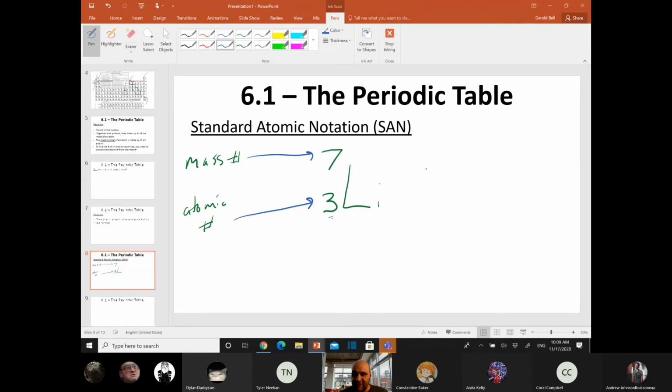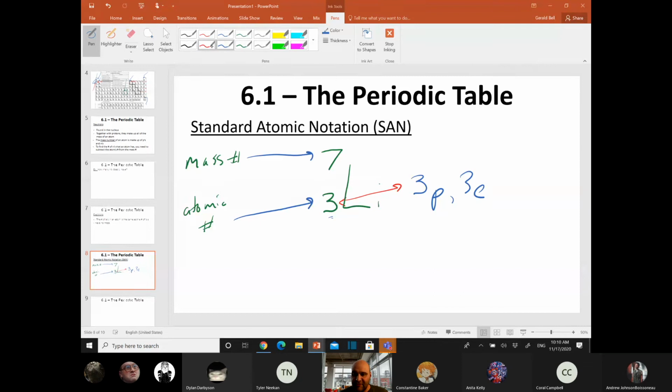So this thing has 3 P's. And we've been talking about the electrons being the same, so it also has 3 E's. All 3 of those numbers are the same. The atomic number tells you how many protons and how many electrons.